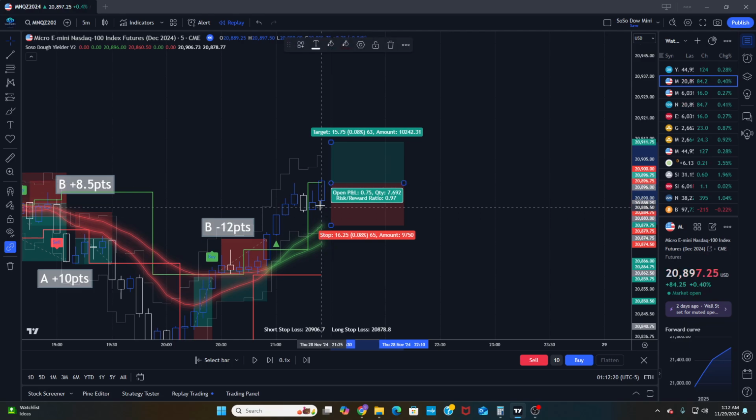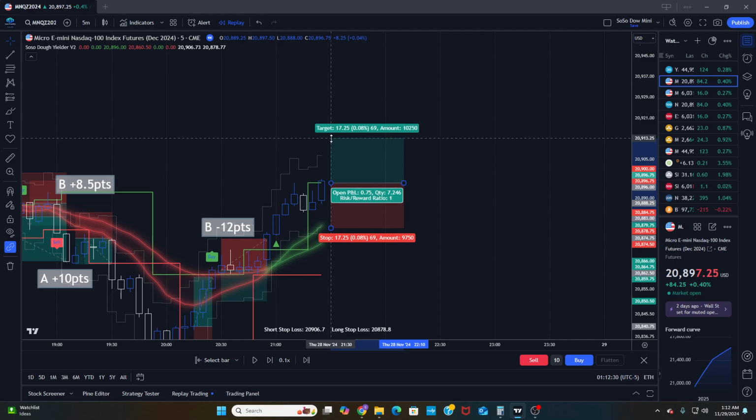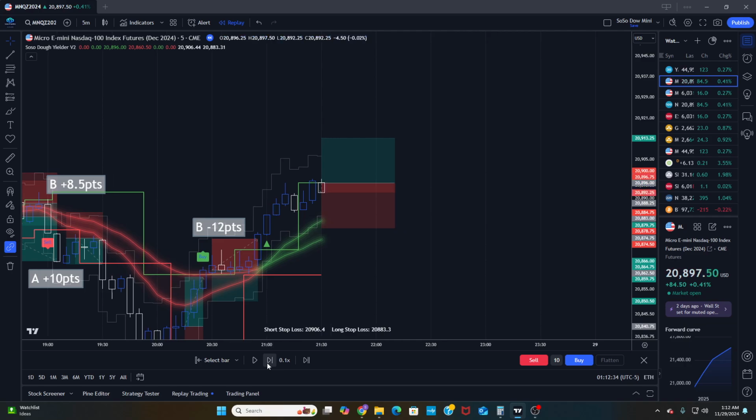Right there. This is the candle that broke it, so we're going to go here with the stop loss, which is 17.25 points. All right, see if we get a retest. All right, so we got entered the trade, the next candle.